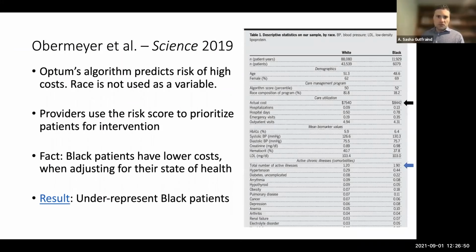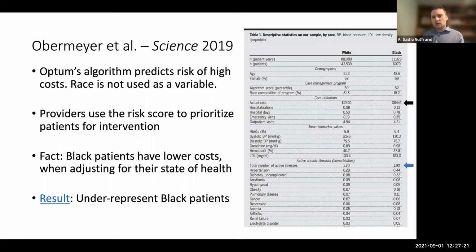The first and perhaps most familiar story that you've seen is the study of the Impact Pro algorithm by Obermeyer et al. that appeared in Science 2 years ago. Essentially, there was an algorithm that tried to identify which patients of a hospital will require additional interventions. And this algorithm did not use race as a variable. That's very important.